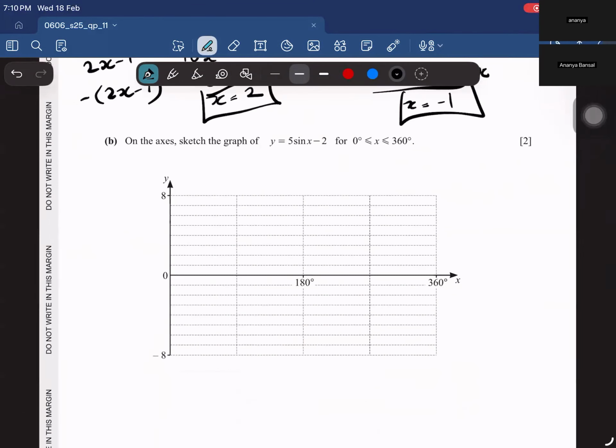The next question says, get the graph of y equals 5 sine x minus 2 for this range.